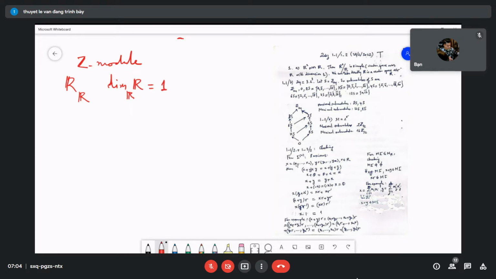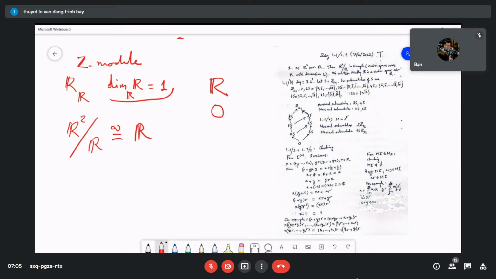So that is simple, because dimension 1 means that there is no proper submodule here. It only has the submodules R and 0. So that is very simple. Here I can say that R square divided by R is similar, because it is isomorphic to R.